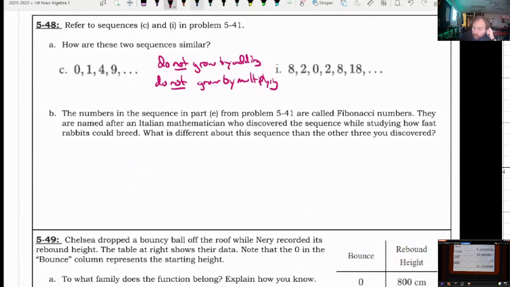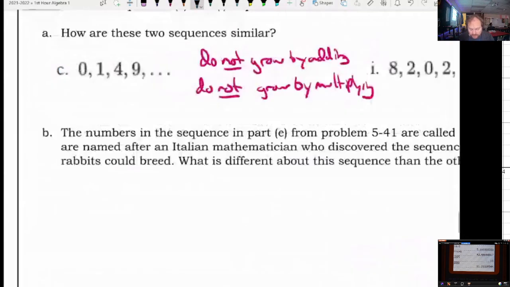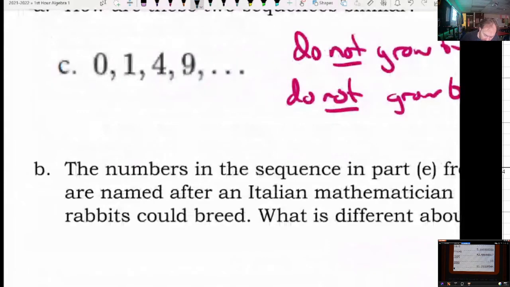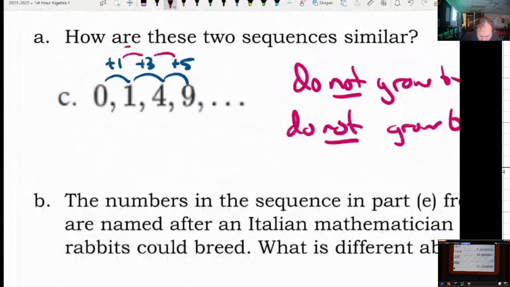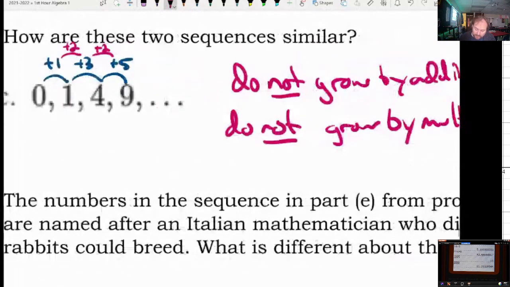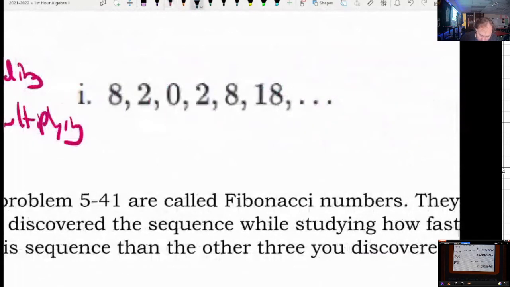I think what I want you to see also, a lot of teams figured this out during first hour today, is that you can get, in this sequence, this is plus 1, plus 3, plus 5. And these guys here are consistently going up by 2 each time. Plus 2, like that. That same thing happens over here with this sequence. If you look at the numbers, you're going down by 6, down by 2, up by 2, up by 6, up by 10.